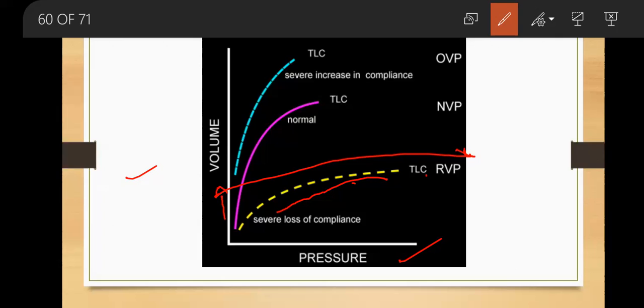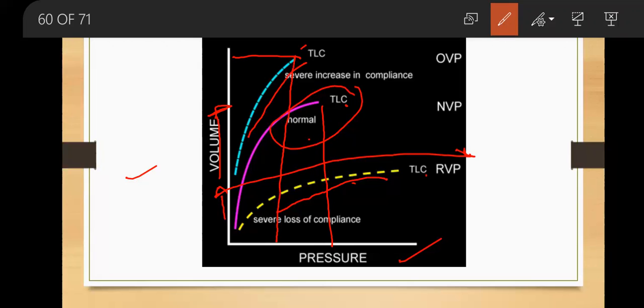So this is a normal person. The total lung capacity is here, and the increase of the volume will lead to this amount of increase in the pressure. When the compliance is very high, like in emphysema, this dotted line, this massive increase in the volume only changes the pressure this way, because the lung is very compliant, it distends and the pressure does not increase.